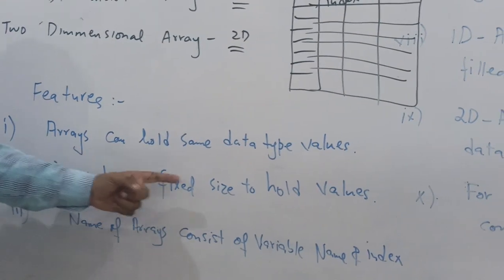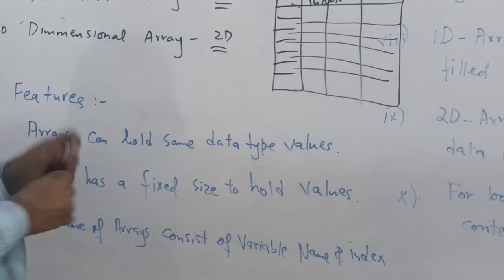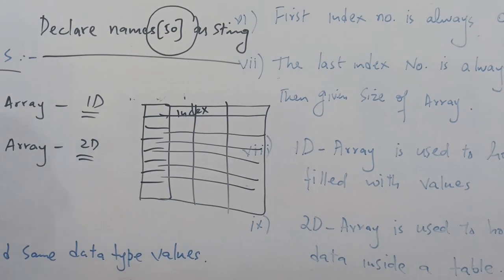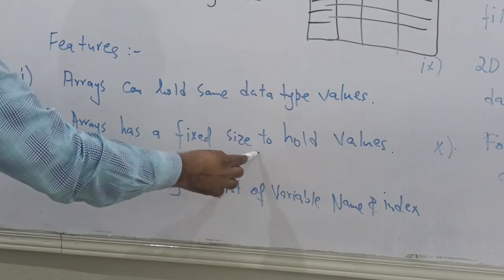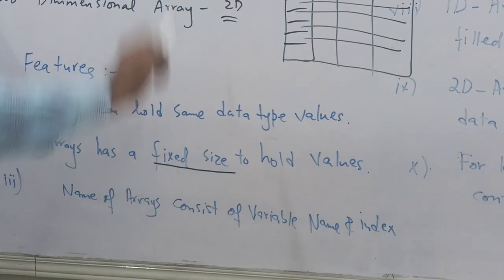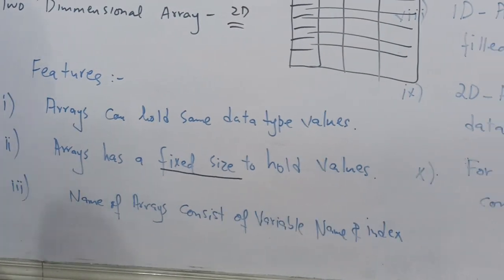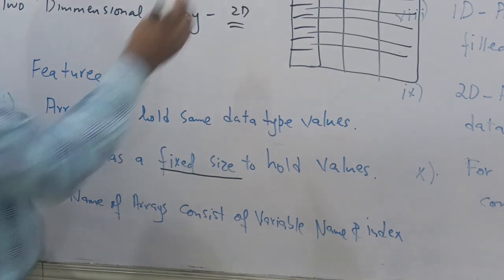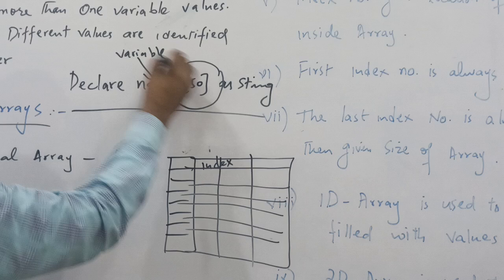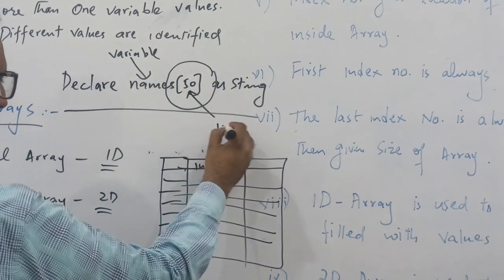Arrays have a fixed size to hold values. You have told over here that I will be using 50 names. This is the second point, that it is given a fixed size in the start. The name of an array consists of the variable name and index. Again, this is the variable name and this numbering is called the index.